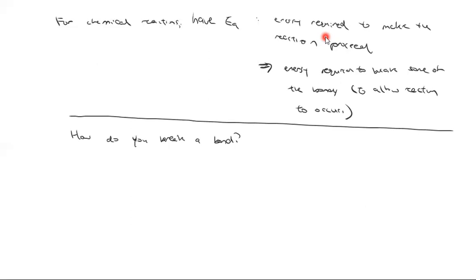So when you break a bond, let's say, simplistically, you've got a hydrogen-hydrogen. Now, there are different ways you could break a bond, but one way to think about it is, as the temperature goes up, what's going to happen to the kinetic energy of the molecules?